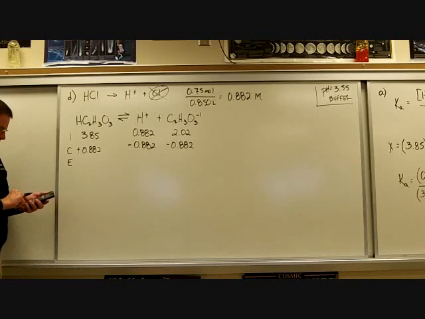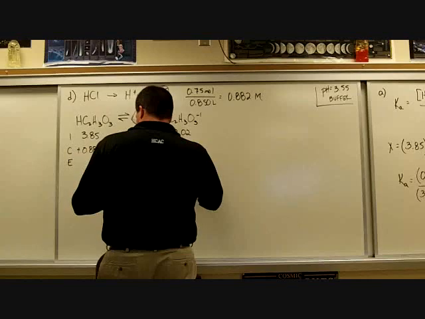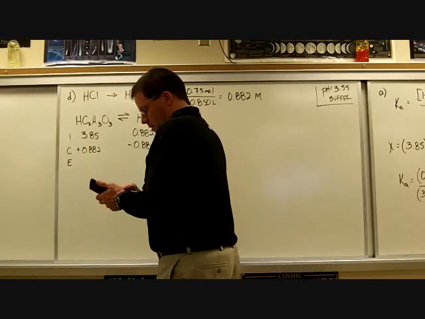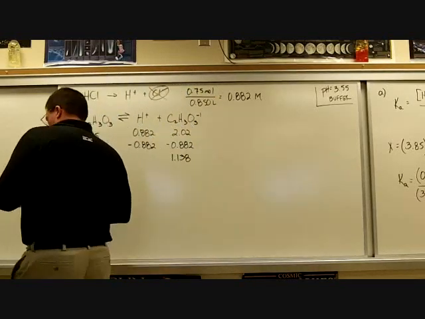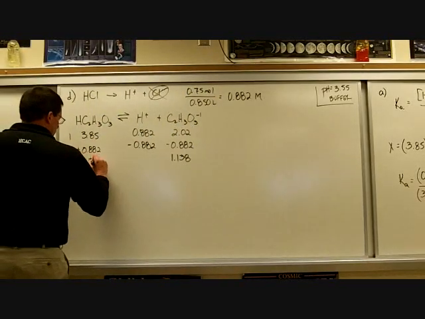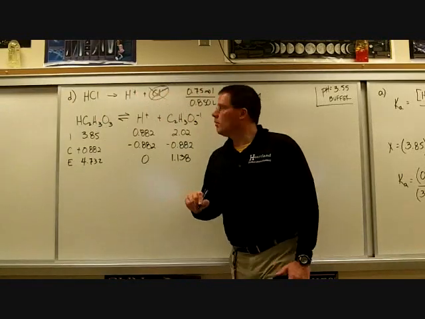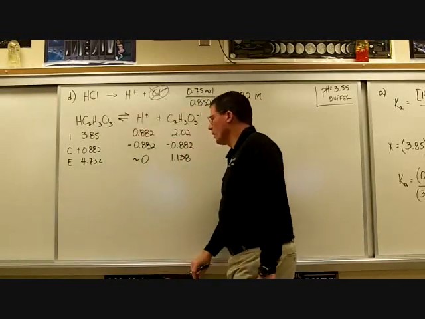And then let's find out what these values are. So this is 1.138, we'll say. 4.732. And then the hydrogen goes to 0, and then equilibrium is reestablished, and that's what we're going to solve for.